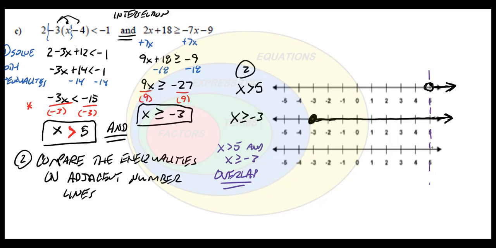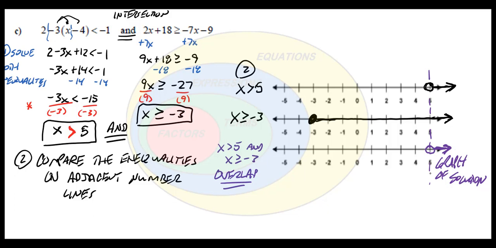So at 5, they actually do not overlap at 5, but that's where it starts. So that's an open circle, and then everything to the right. So this is actually a graph of our solution. I know these aren't the best lines to work with, but the overlap starts at 5. It does not include 5.